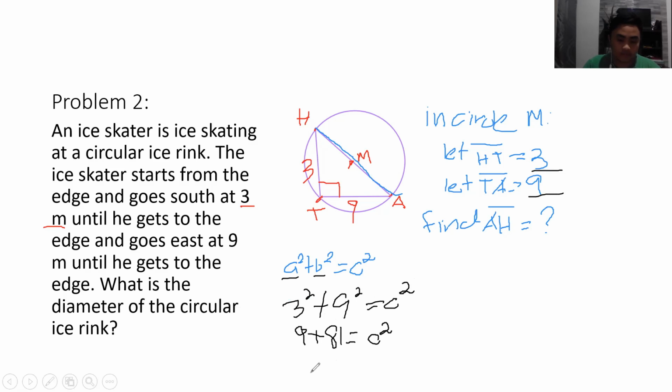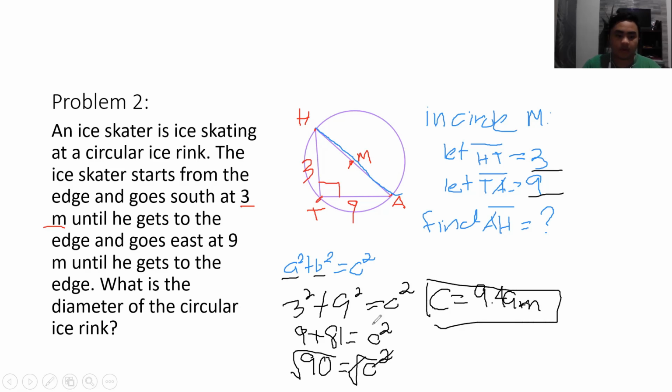We have 9 plus 81, we have 90 is equal to c squared. To get rid of the exponent 2, we need to take the square root. So c now is equal to 9.49 meters. Therefore, the diameter of the circular ice rink is 9.49 meters. That's it.